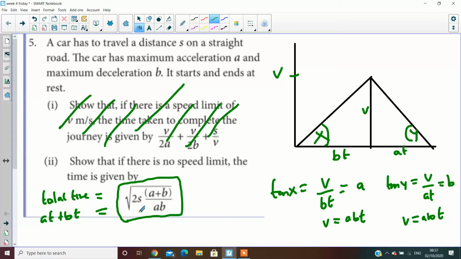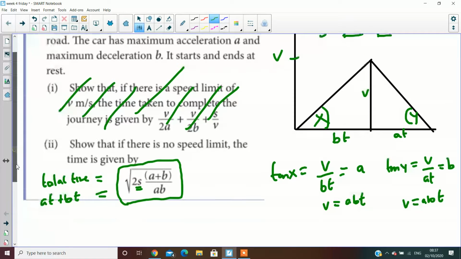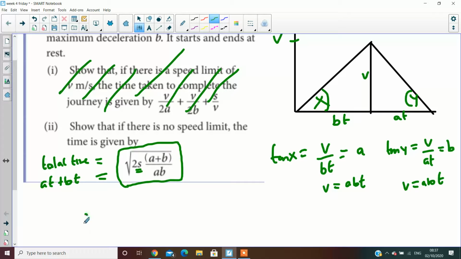I see S is in the answer. What can we say S equals? Would S equal the area of the left triangle plus the area of the right triangle? We good? So let's try that out. So what's S equal to? A half BT times what? V, yeah.